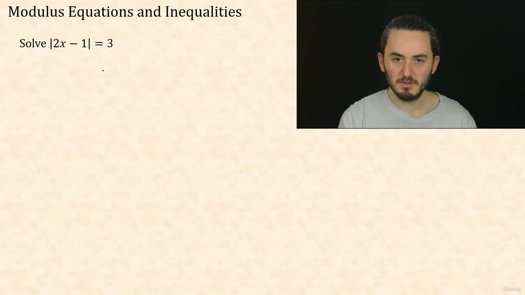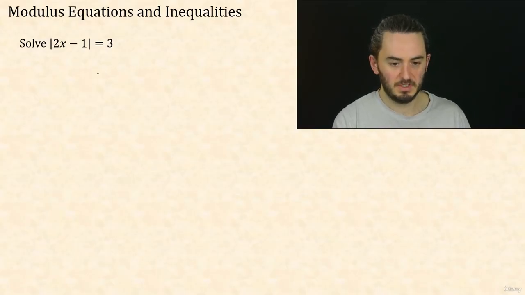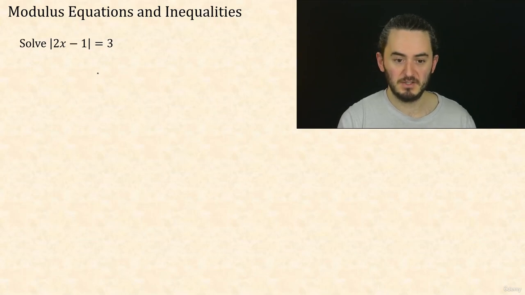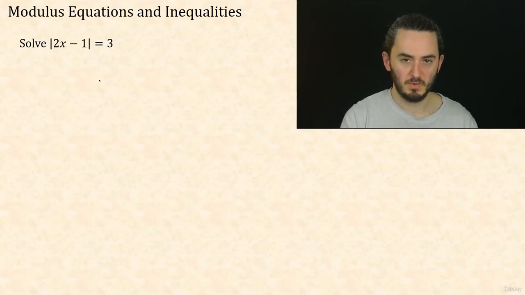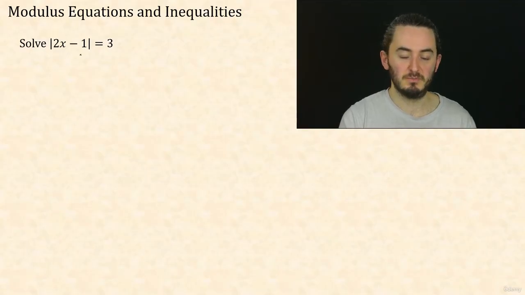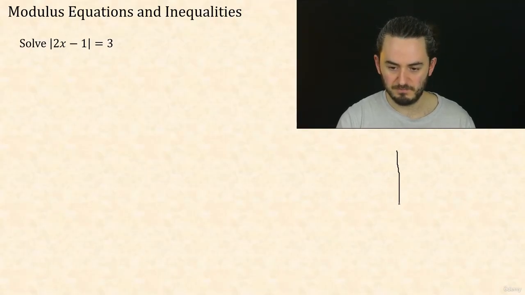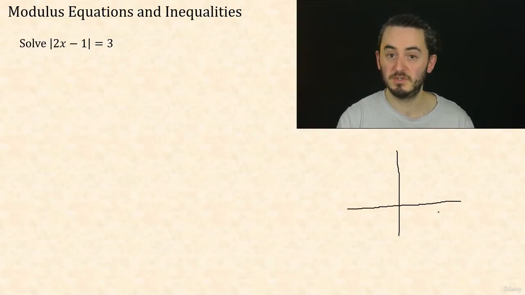There are some algebraic ways of doing this, but my preferred method is to use graphs. Here's why. The first thing I should do is sketch a graph of mod 2x minus 1. I like to do a rough sketch of just y equals 2x minus 1.